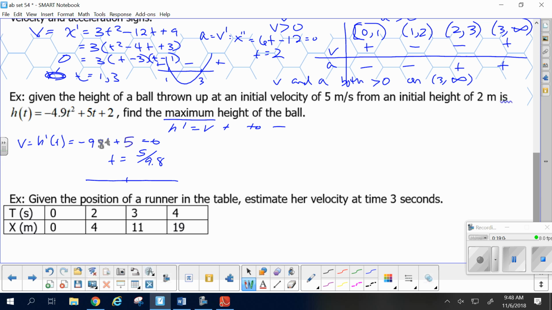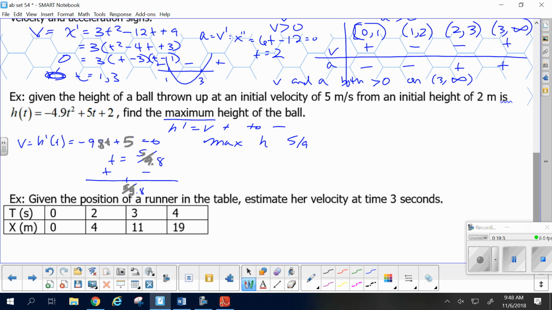Do you agree? Okay, before that time, think small times, or negative times, or 0 time, would this be positive or negative? Positive. And after that point, a large t would be a large negative, and so we'd get an overall negative. So did we get a max there? Yes.